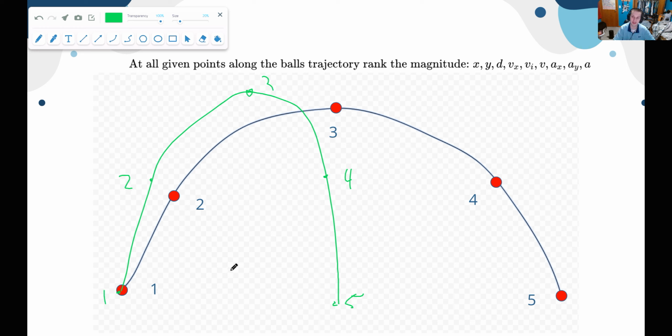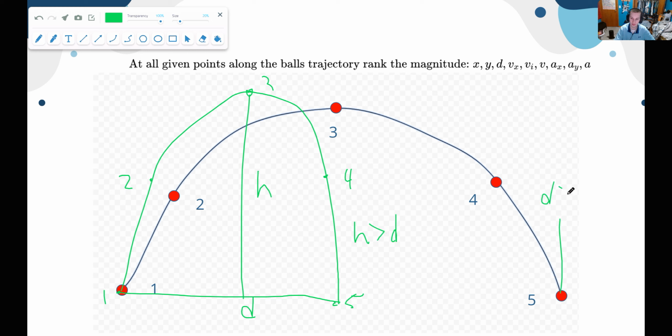How would this change our answers, where the maximum height h is greater than our displacement d? So h is greater than d, but here, d was greater than h.